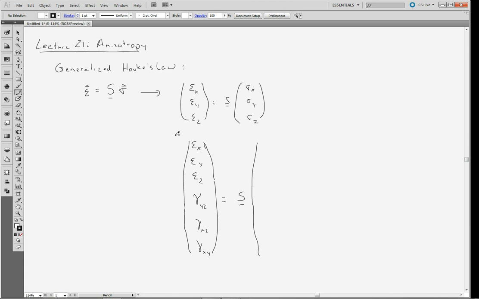So this is a 3x3 relationship, where this is a 3x3 matrix. And this is the 6x6 relationship here, so the material property matrix is 6x6, and I have a stress vector here as well.